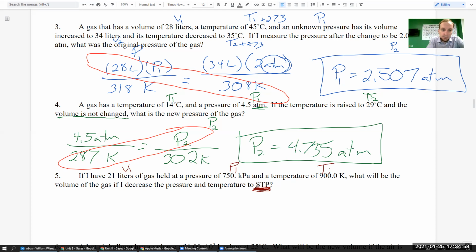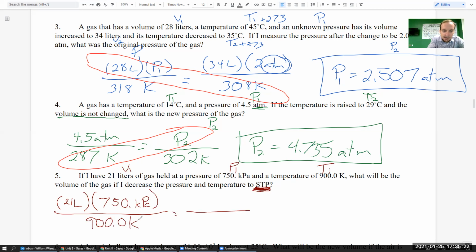Volume. So I'm going to go ahead and put in my equation. So volume is 21 liters. And then I'm going to put my first pressure, 750 kilopascals. I'm going to put that over my temperature, which is 900 Kelvin.